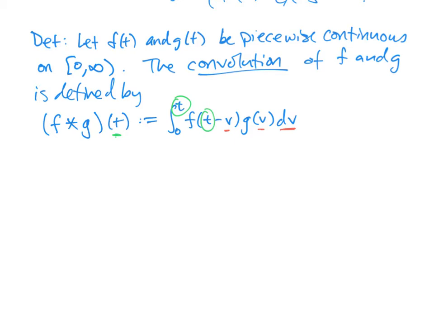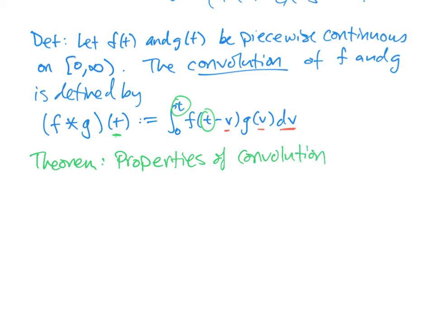So now there are some nice properties of convolution. I'm not going to prove any of these because I don't want to. Properties of convolution. We get that f star g equals g star f.